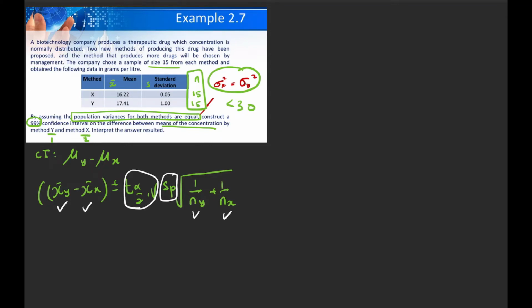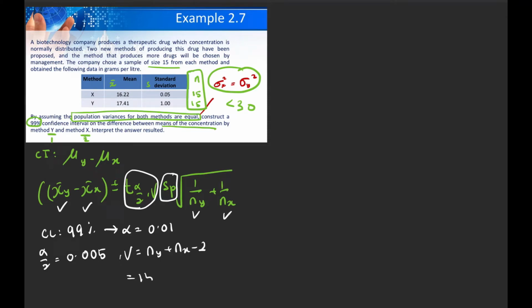From confidence level 99%, alpha is 0.01. So alpha over 2 is 0.005. The nu is equal to ny plus nx minus 2.